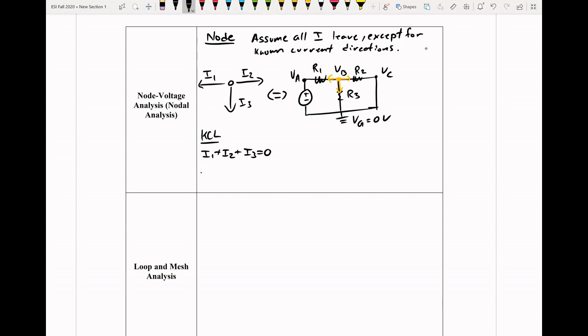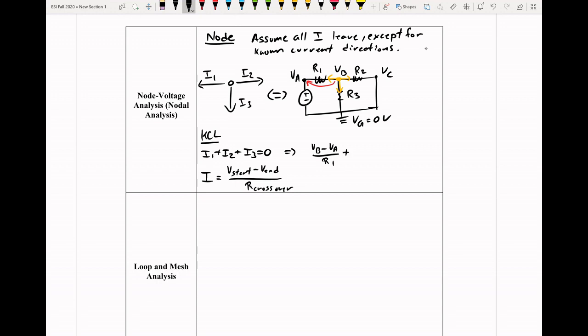And in the nodal analysis, we'll replace I with V of start minus V of end over whatever resistor we cross over. Okay, so if I took this I1 here, I'll write it out. So I can say I1 would be V of B minus V of A over R1.